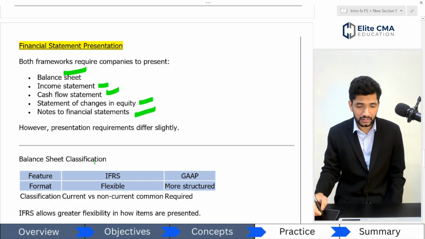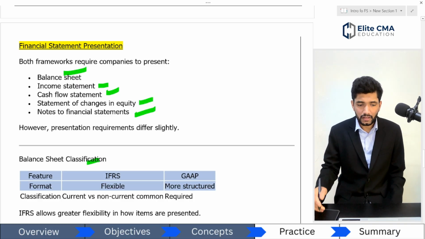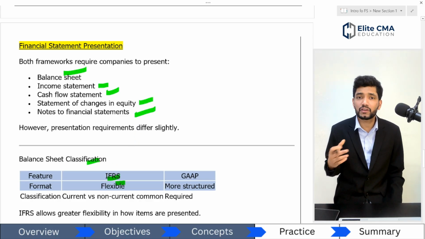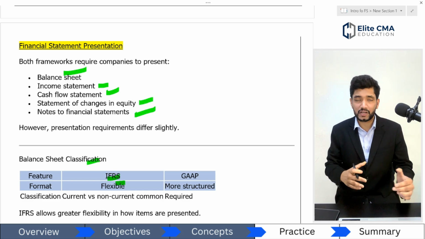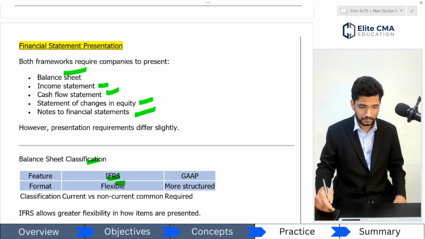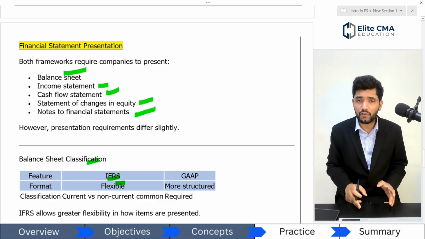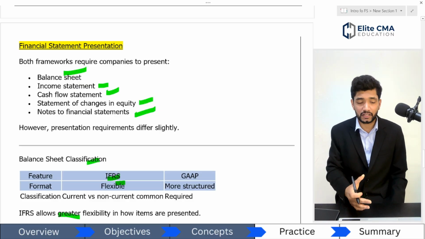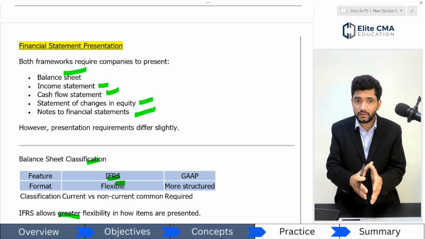Balance sheet classification: US GAAP format is more structured, and the IFRS format is a little more flexible. IFRS allows greater flexibility in how items are presented than US GAAP.